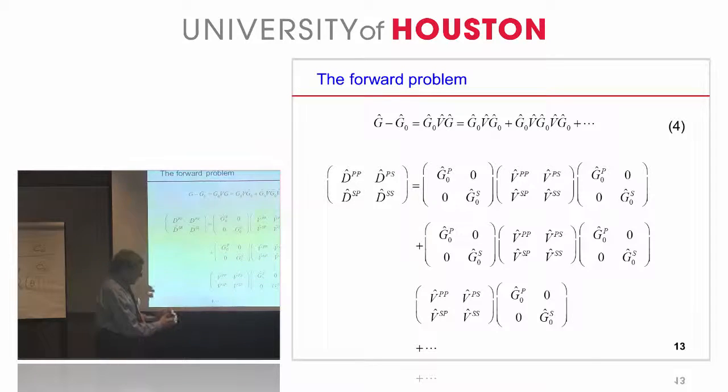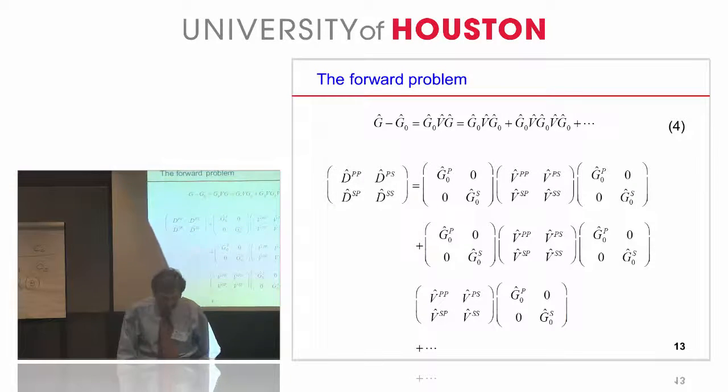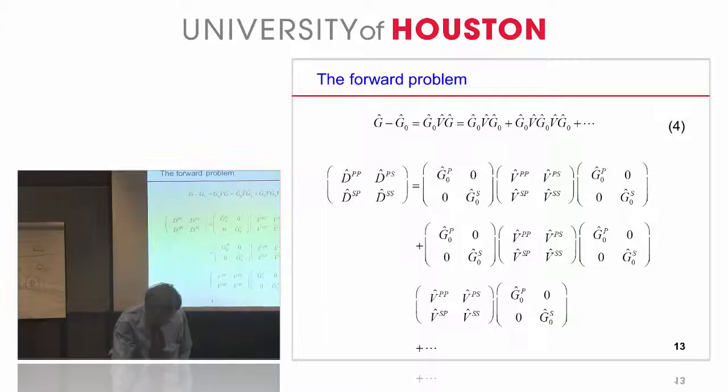G is whatever describes your field in whatever acoustic, elastic, electromagnetics, quantum. It could be a matrix, it doesn't have to be a scalar. It could be a vector and so on. In the elastic case, this is what it turns out to be. The forward series. The inverse series, to get that V, the V is a matrix.